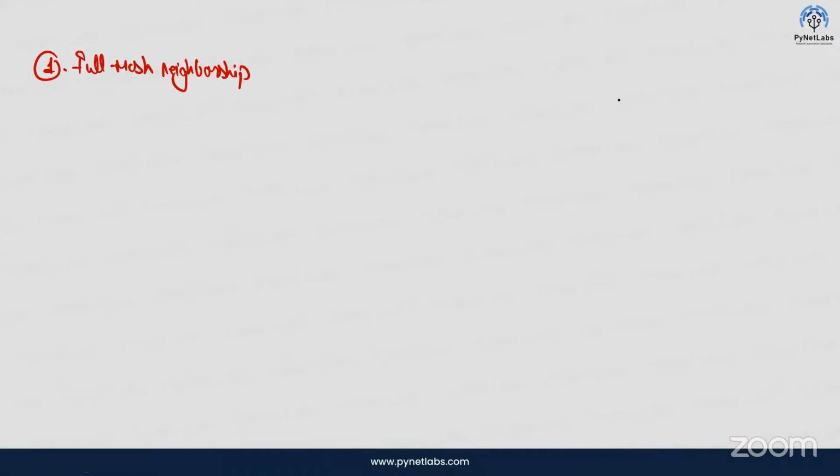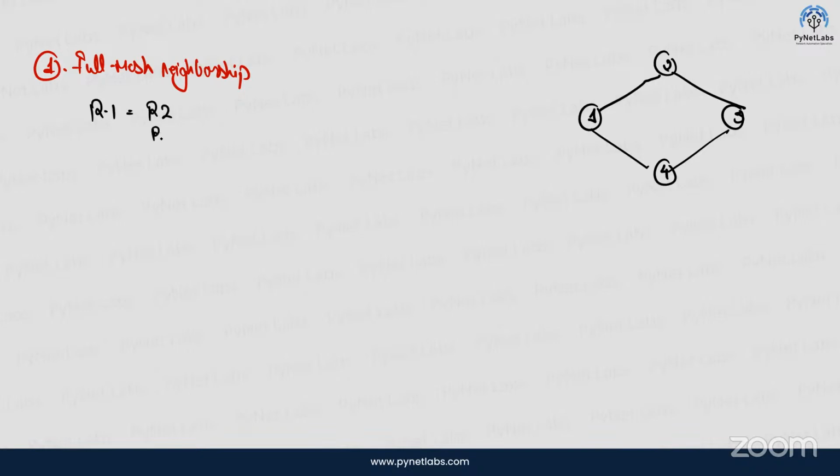Suppose that this is the diagram, router 1, 2, 3, and 4. These are 4 routers which are forming neighborship within the AS. So technically, R1 is forming neighborship with R2 and with R4 only. So R1 should also form the neighborship with R3, even though it's not directly connected.